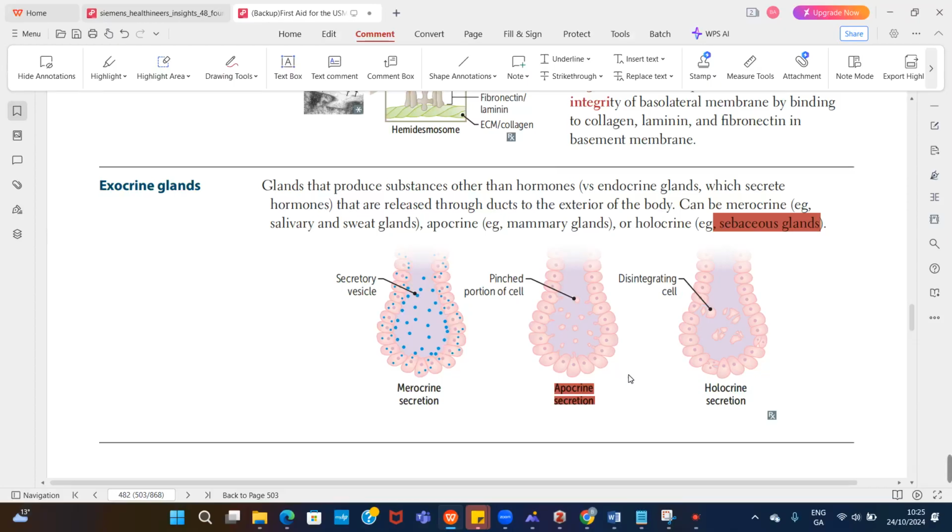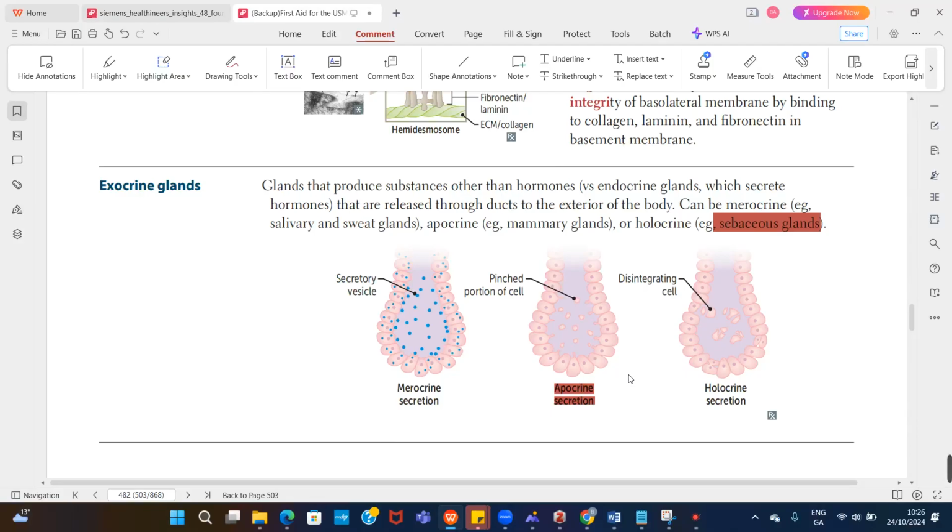In the process, you are destroying that bottle. That is the pattern by which sebaceous glands release sebum. Each of the cells containing the sebum is destroyed, it disintegrates in the process of release into the duct, because you are squeezing your oil from the bottle, right? That is the holocrine approach.